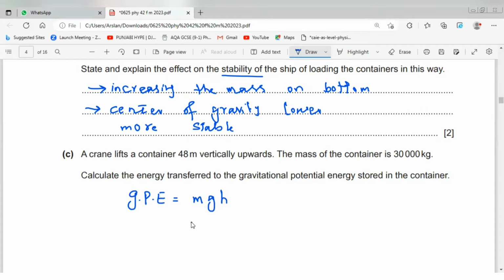So you can use mass 30,000 multiplied by the value of g, 9.81 near the Earth's surface, and height is given as 48 meters. So after calculations, it will give us 1.4 times 10 to the power 7 joules. So here is the answer.